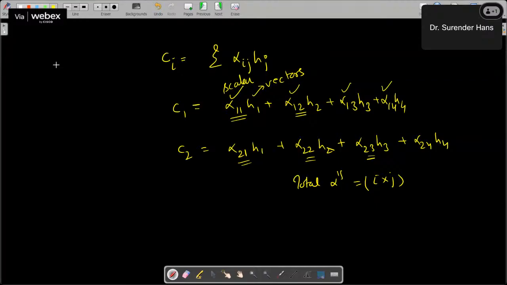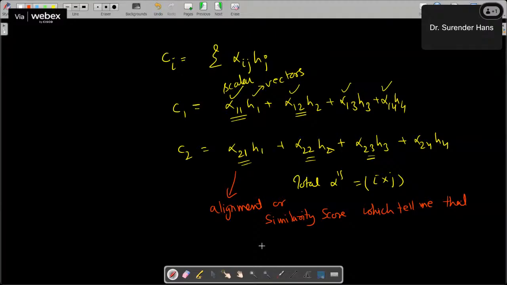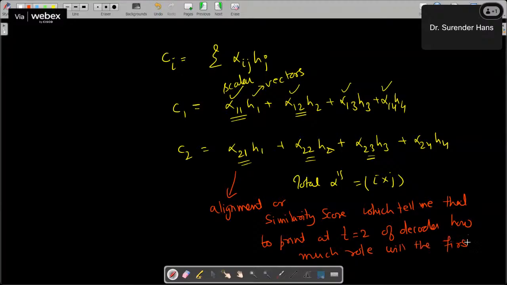So let's say alpha 21. This alpha 21 is the alignment score or similarity score, which tells me that at the second time step of the decoder, how much role will the first time step of the encoder, that is H1, play.